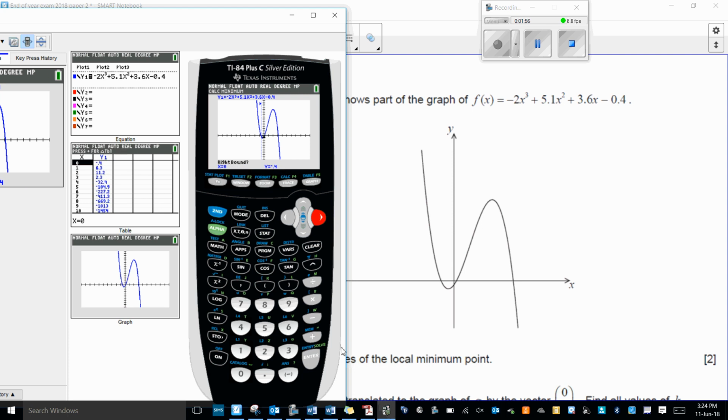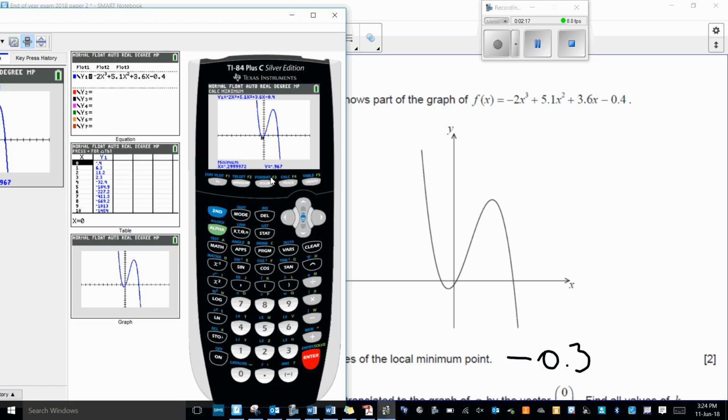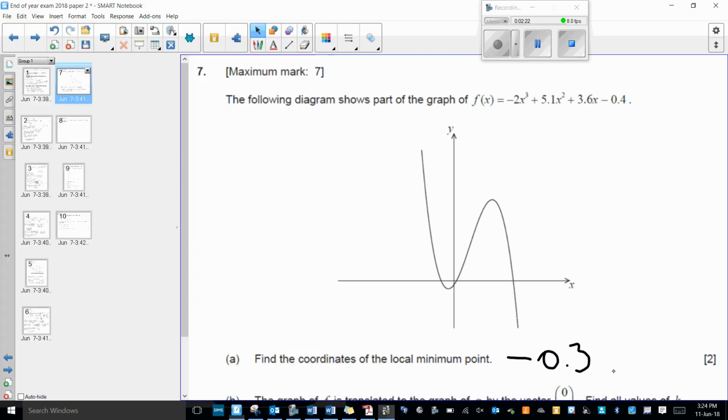It guesses and then finds that minimum value, so we're going to round that, so it's negative 0.3 and negative 9.967. Okay.